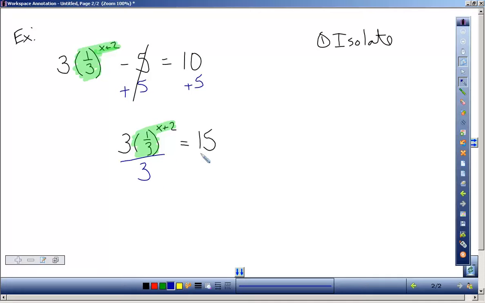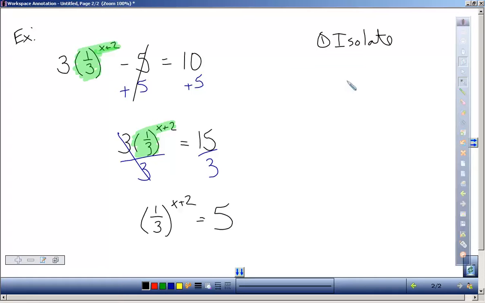Please be aware, I cannot, under any circumstances, multiply these two times each other. Order of operations says exponents must be done before multiplication, and since we don't know what x is, we can't do the exponent. I cannot multiply by 3. So I do have to divide, and I'm going to get (1/3) to the x plus 2 power is equal to 5.